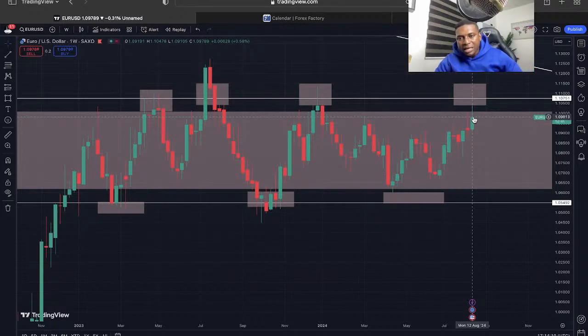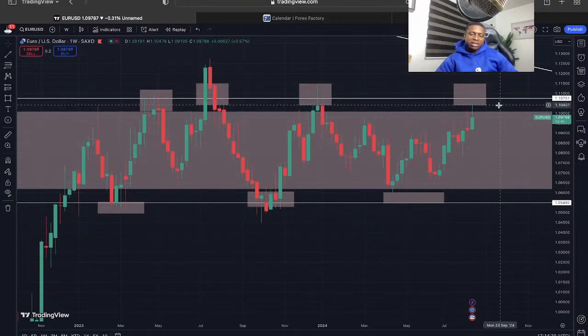Now when we look at what is currently happening, we can also see sell pressure already coming in. Most interestingly, when market data was released, the US retail sales came out higher than the forecast.